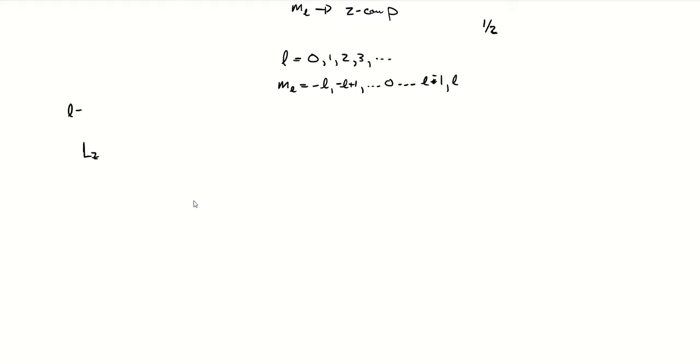If we take, say, a system with an angular momentum value of l equals 1, we can write the angular momentum operators in the angular momentum eigenbasis, and they are going to look a lot like what our spin 1 system had. L_x, the x component, would be h bar over root 2 times 0, 1, 0.